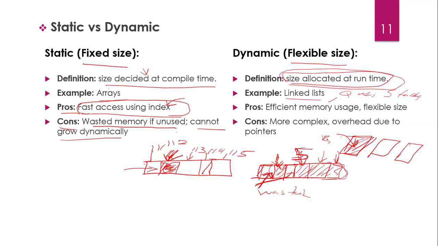So here, the size of this linked list is always allocated at runtime. If you are not using the second page, you can use the third page, then the fifth page, and then the 10th page. It doesn't matter. You can use it like this, but you have to connect with the previous pages.